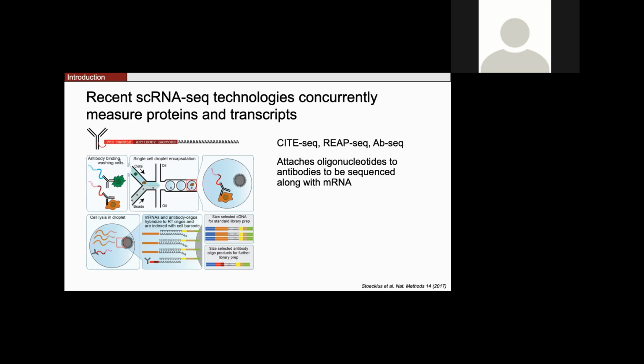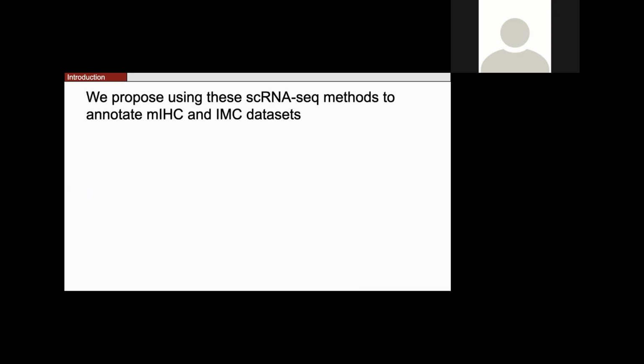but all of these technologies are very promising in that they can help us know how changes in gene expression affect changes in protein expression, which can help bridge the gap between these single-cell RNA sequencing technologies and the immunohistochemistry and cytometry technologies. So our goal is to do that.